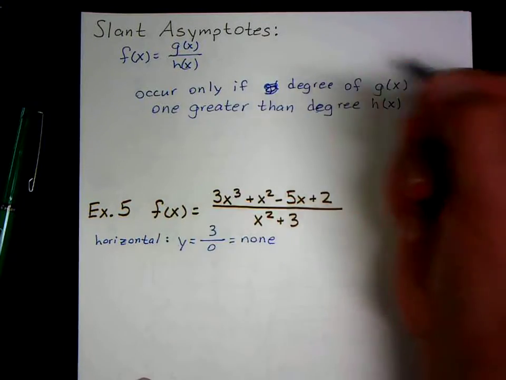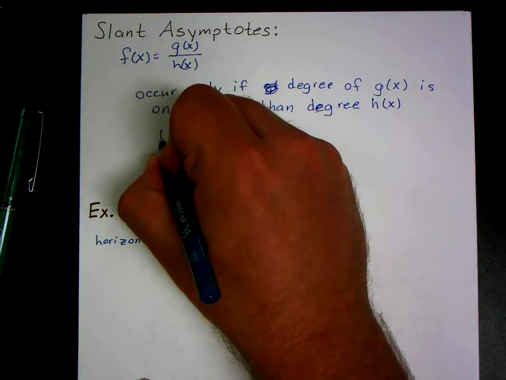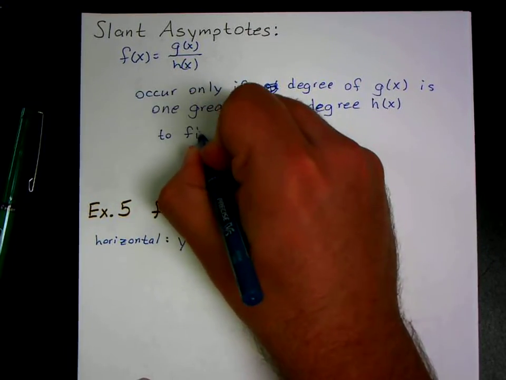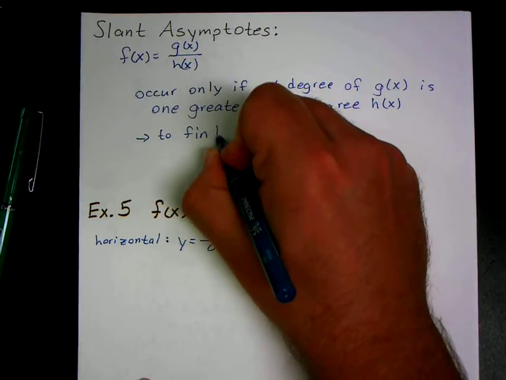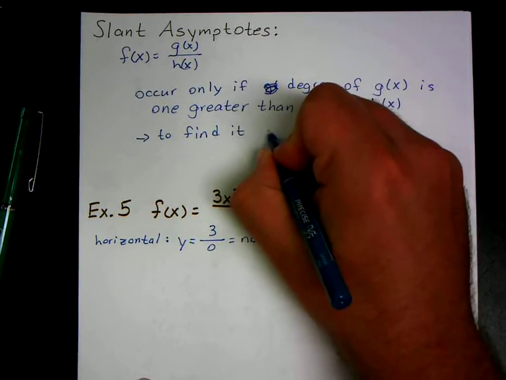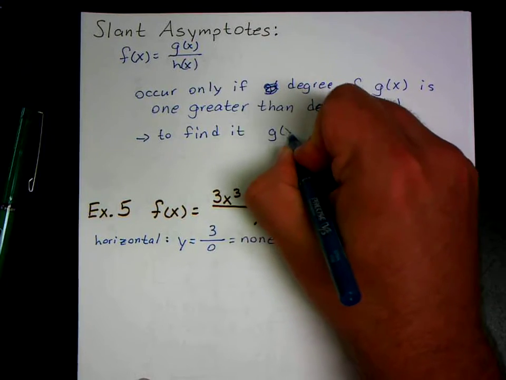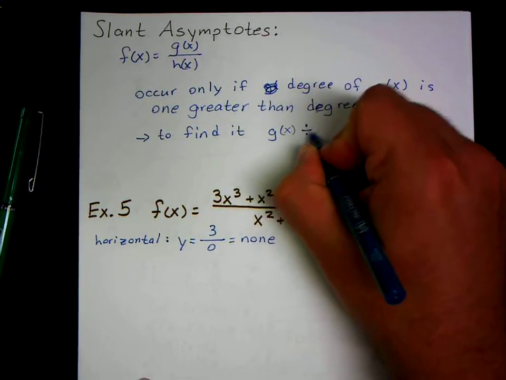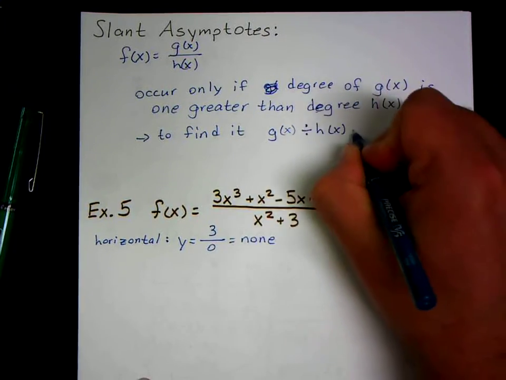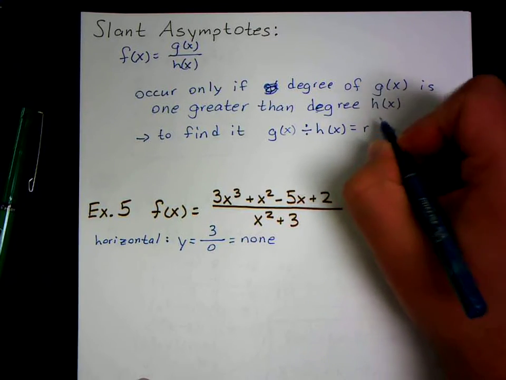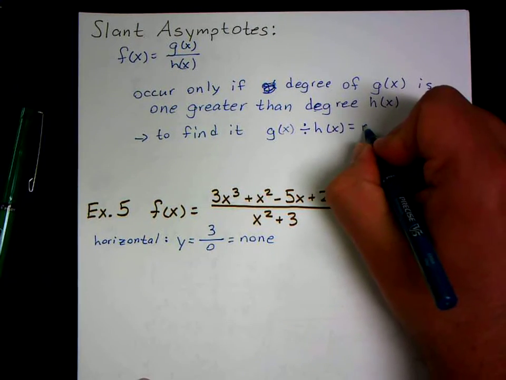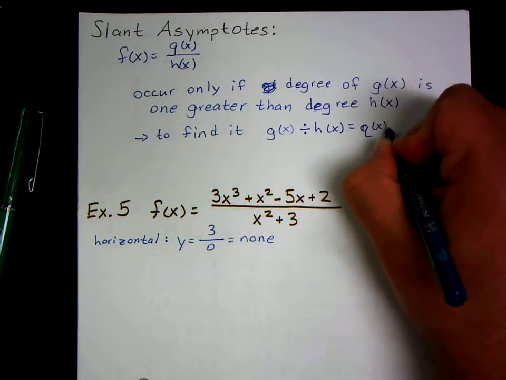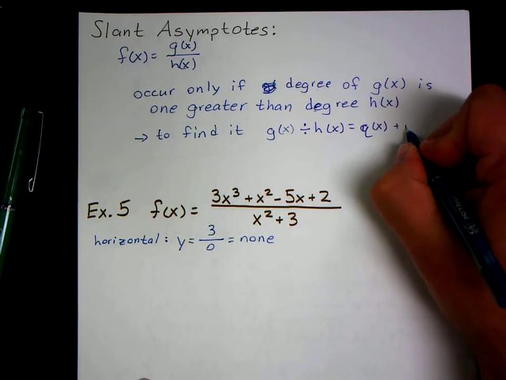Okay, what you do to find it, you take g of x divided by h of x equals, we'll call it q of x, plus your remainder.